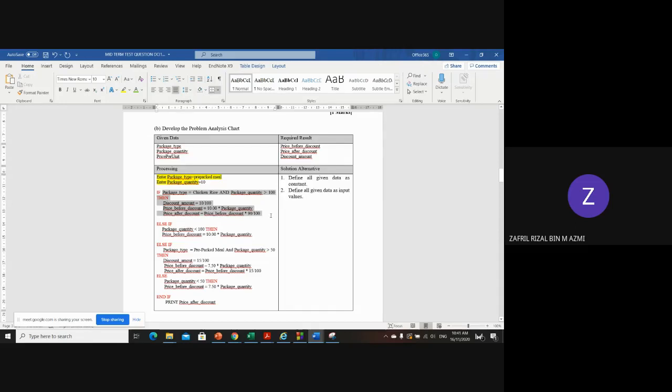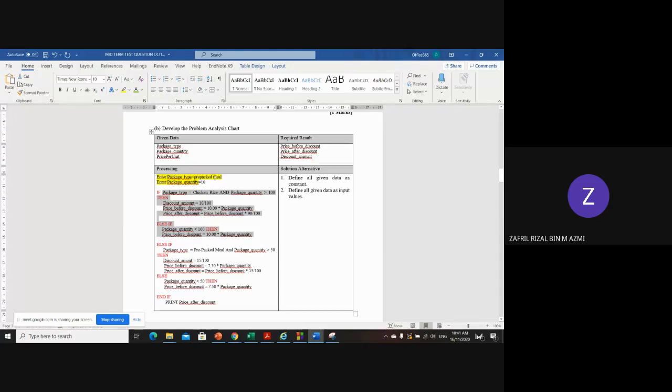But if less than 100, no discount for the chicken rice. This one is the calculation for chicken rice, right? This is not for pre-packed meal. Yes, this is the calculation for chicken rice without discount. So this is your friend's intention, okay?